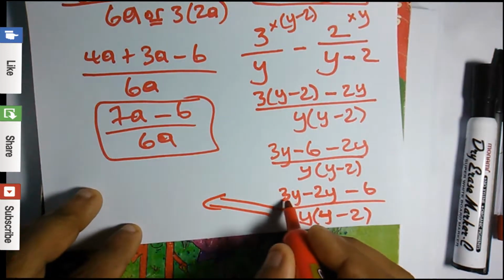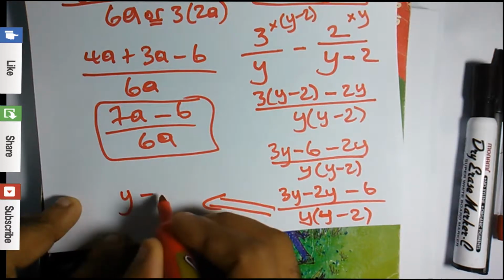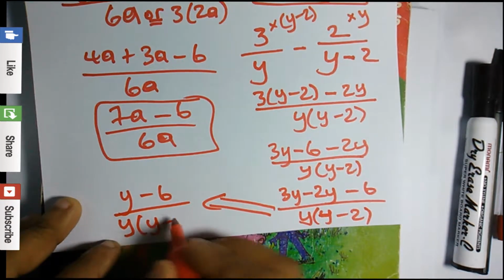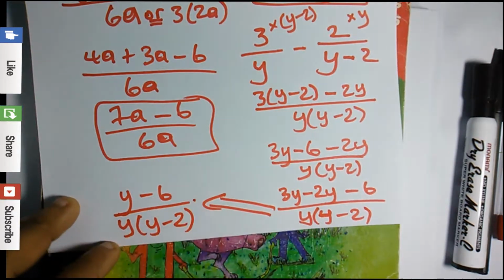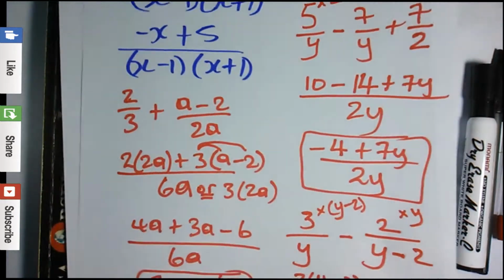Our answer, after we simplify this, 3 minus 2 is 1, so 1y, or y, minus 6 over y times y minus 2. That would be our answer.